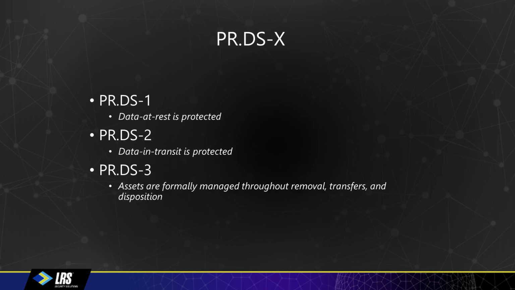We'll also talk a little bit, Pat will cover some solutions around data security. And these can seem very straightforward. Data at rest is protected, data in transit is protected. Those are very brief statements, and I think they're pretty easy to understand. But what we find often is that organizations might have some outmoded approaches to cover these controls, right?